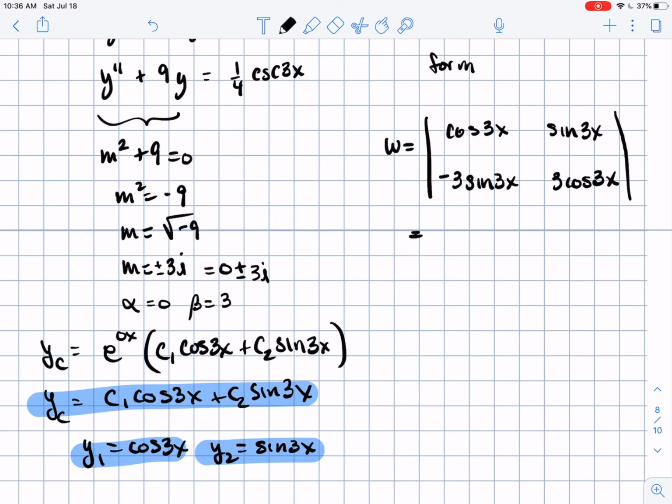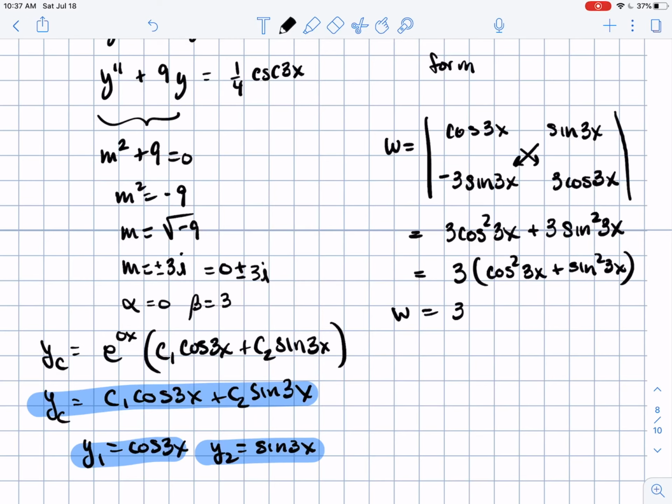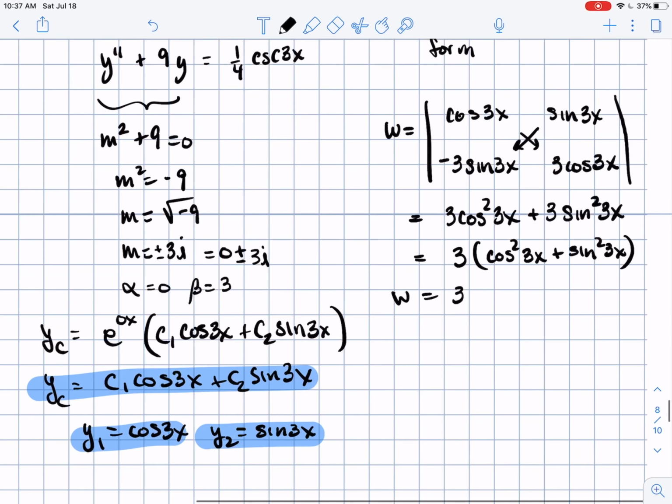So remember, you're multiplying, so we get 3 cosine squared 3x, subtracting and multiplying, which makes that a plus 3 sine squared 3x. Now this is just equal to 3, because cosine squared of an angle plus sine squared of that same angle is 1. So we get W to be 3. Okay, so that's nice.